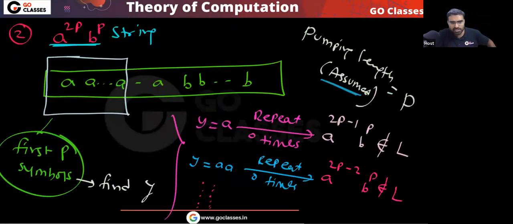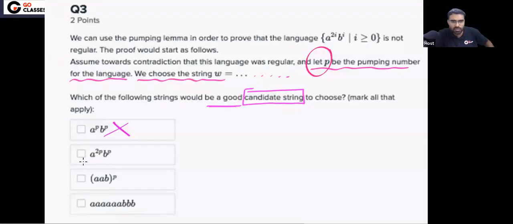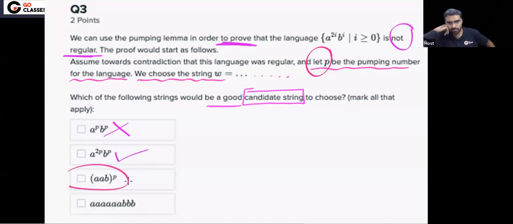So you can see this string, did it help you to prove non-regularity? Yes, this string has helped you. What about this string? First of all, is this a valid candidate string?